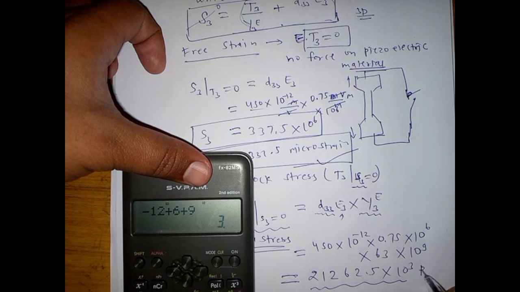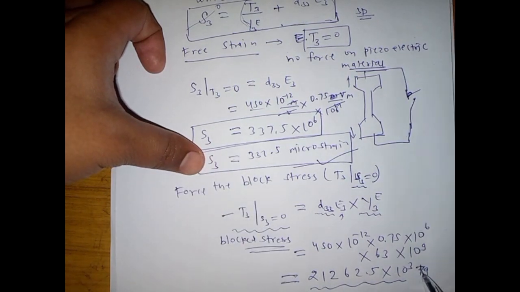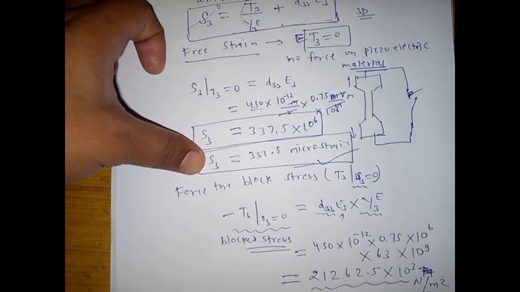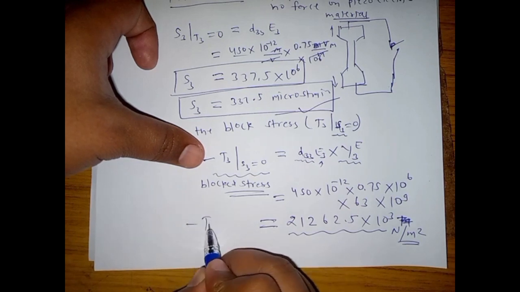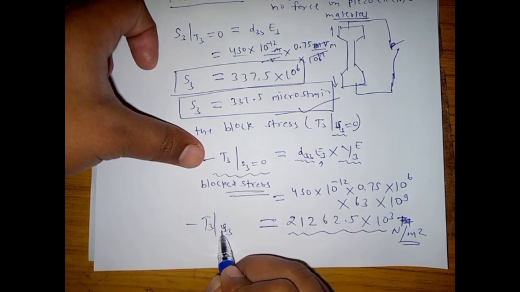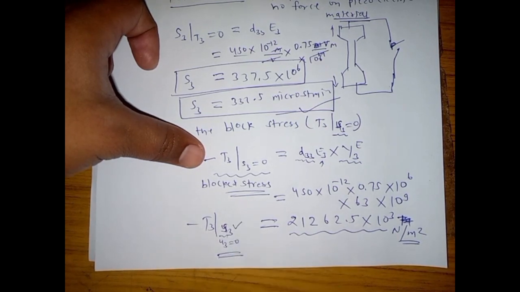This is in Pascal, or Newton per meter square. The unit of stress is Newton per meter square. So this is the block stress T3 when U3 is 0, when the displacement is 0 or the strain is 0.